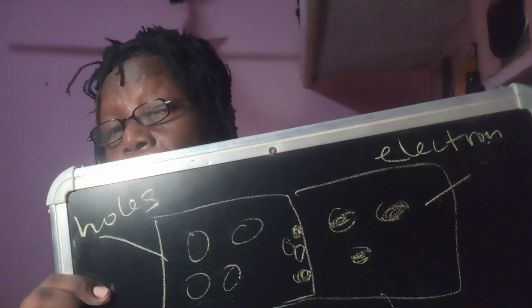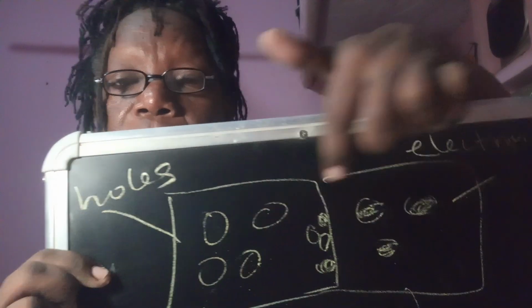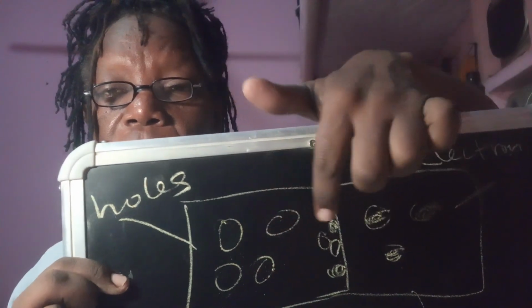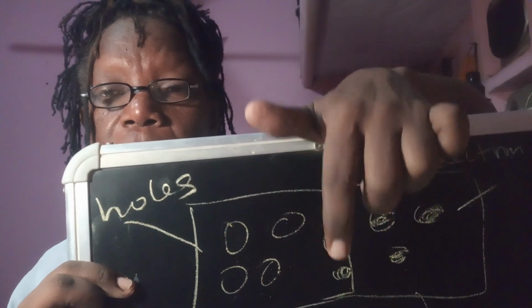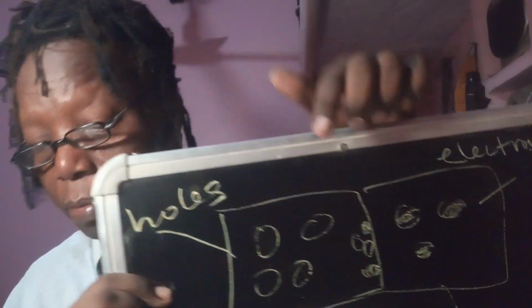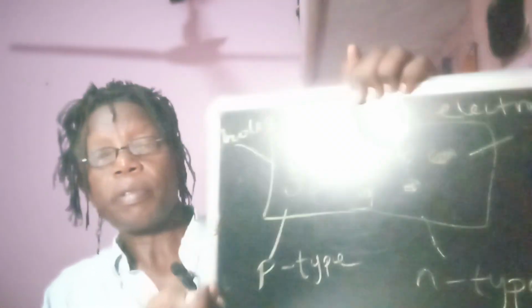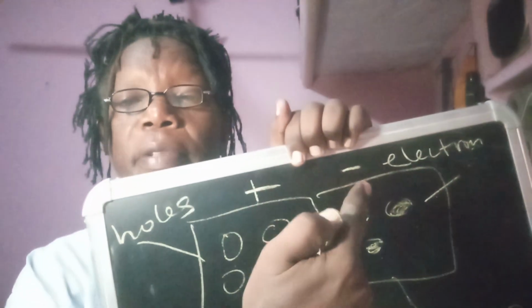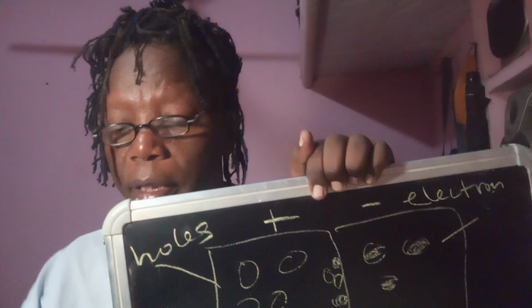So there are holes here. I'm not going to go into the very technical part of it, but there are holes here, and the electrons move to fill these holes, and here is the place where they combine. This angle is where they combine. So here we have positive and you have negative. Holes are positive and this is negative.